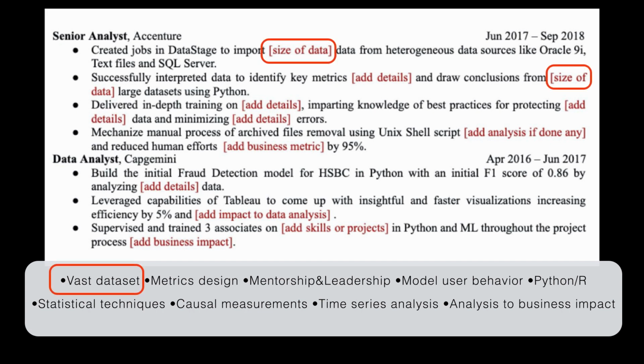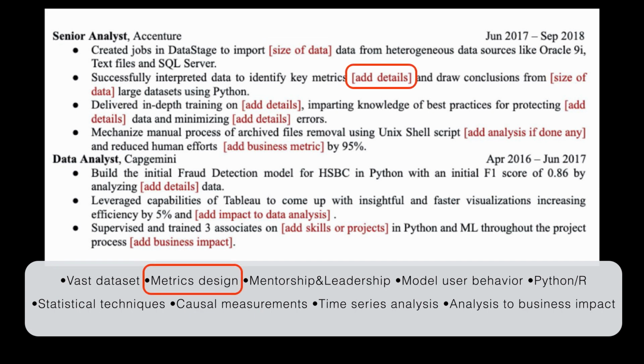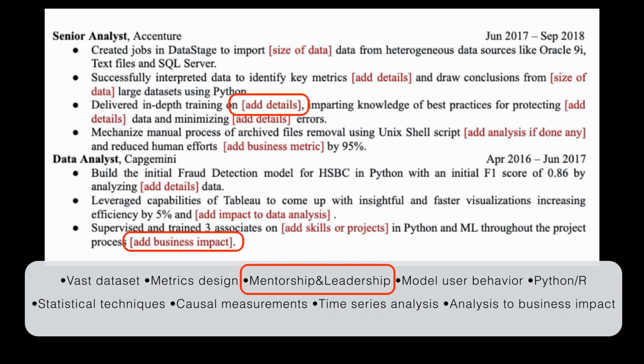Specifically, I suggest to add the size of the data to fit the requirement on vast datasets. Also, we could be more clear on the metric design capability by adding what metrics were defined in the description. For mentorship and leadership skills, it's helpful to explain what kind of training was given and the associated business impact.